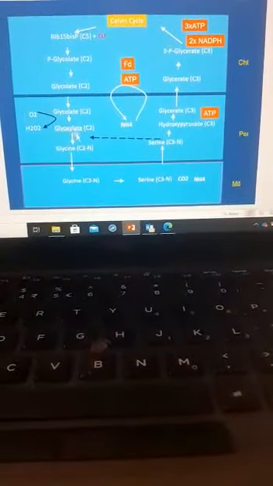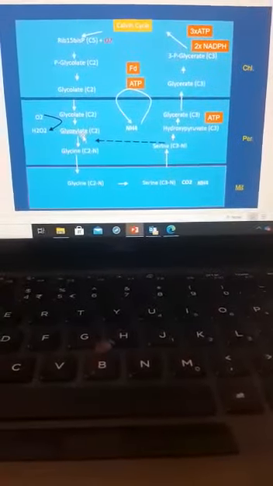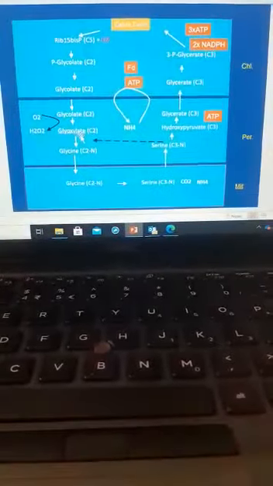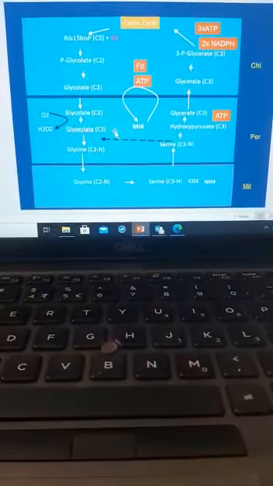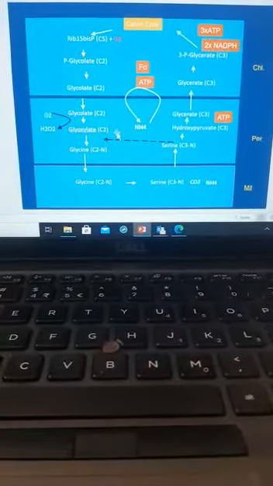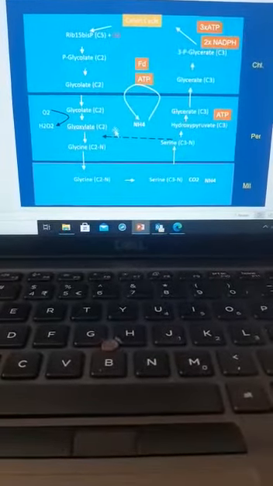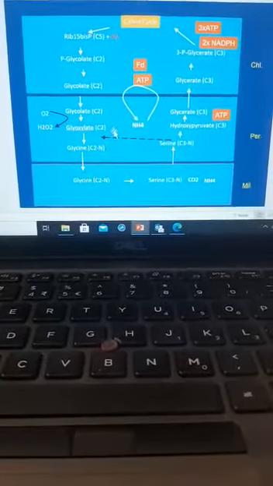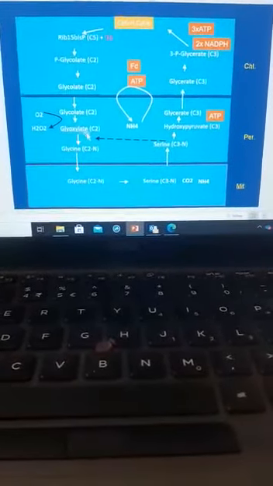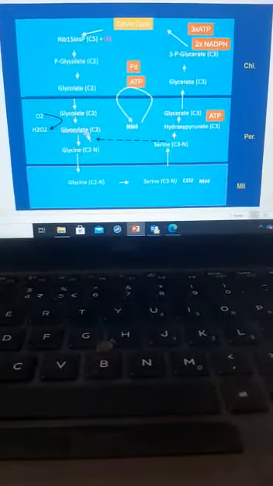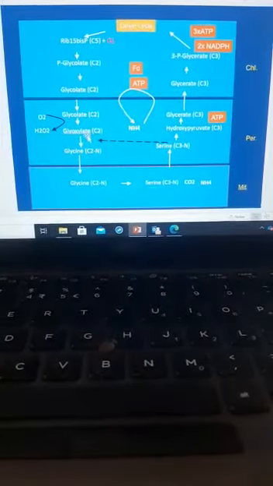That glyoxylate, which is an organic acid, is going to interact with glutamic acid. Glutamic acid is an amino acid which has got an NH2 group. That glyoxylate does not contain the NH2 group, and therefore it is an organic acid.